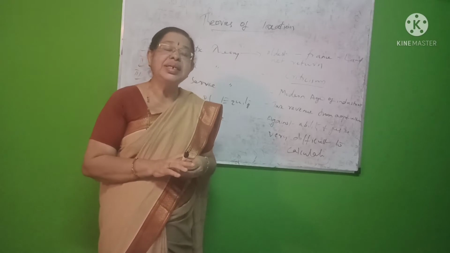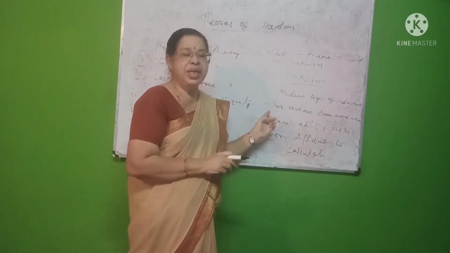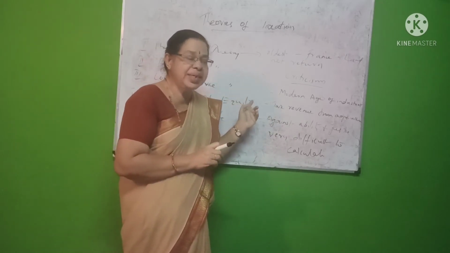What are the important criticisms or drawbacks of the physiocratic theory, which led to the formation of the next theory?